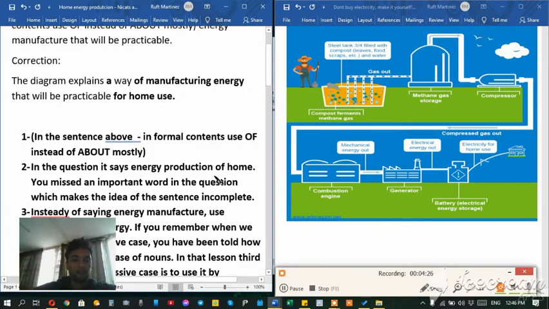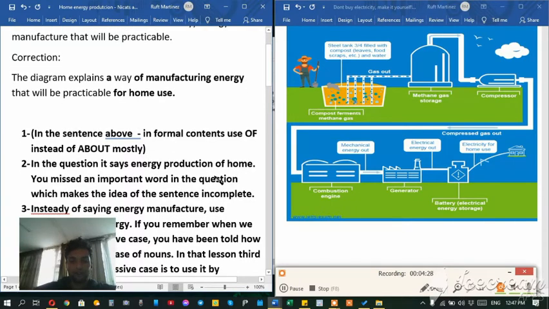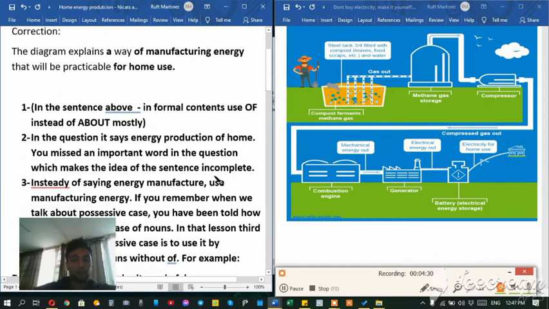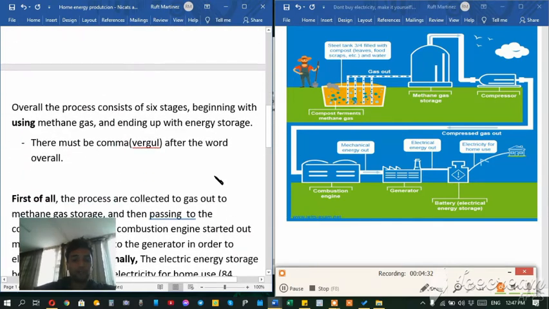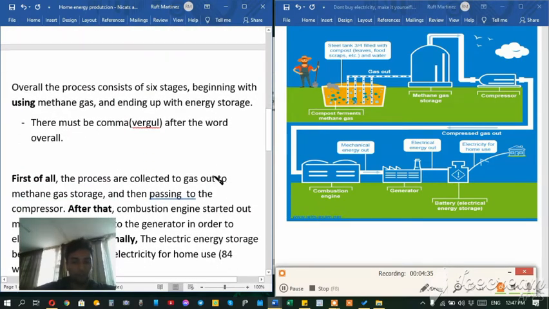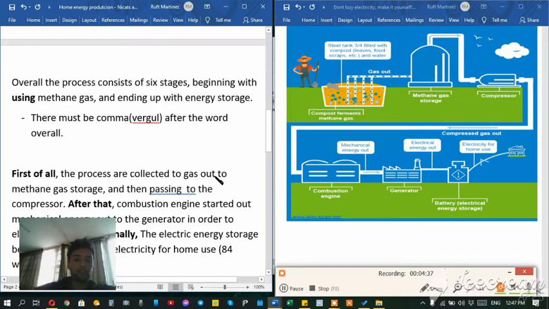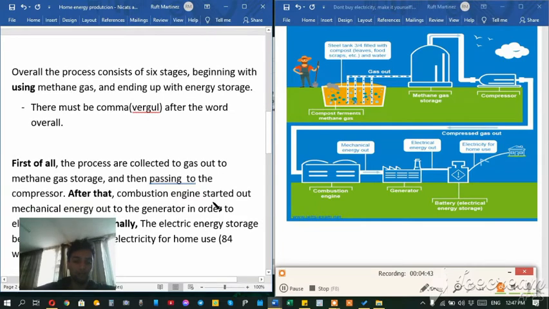Okay, before we start explaining this one, I would like to tell you the reason that you have written very few words is because you haven't been able to use all the information shown to you in the picture.